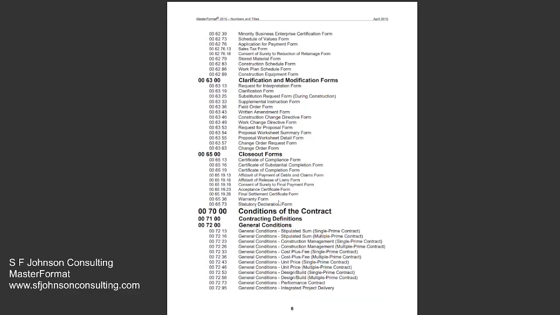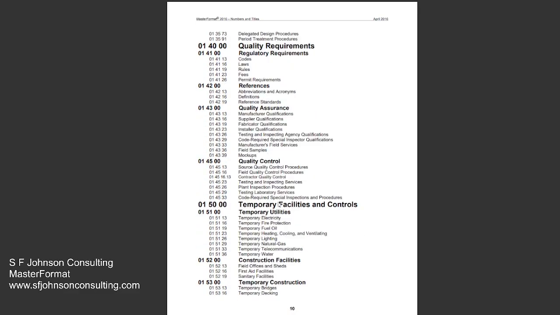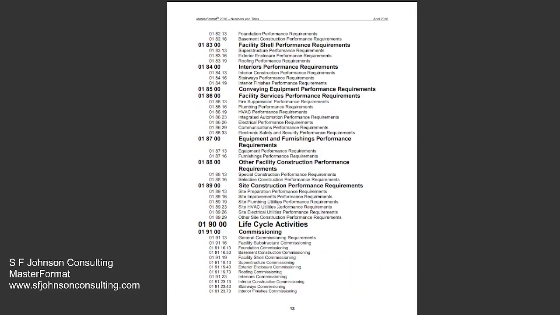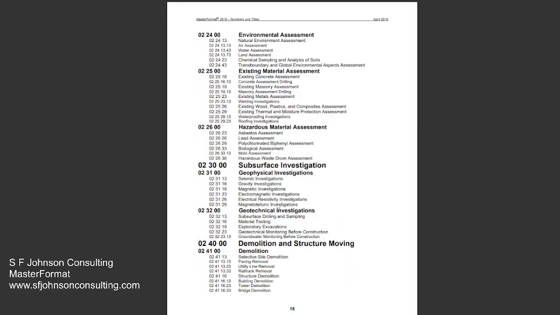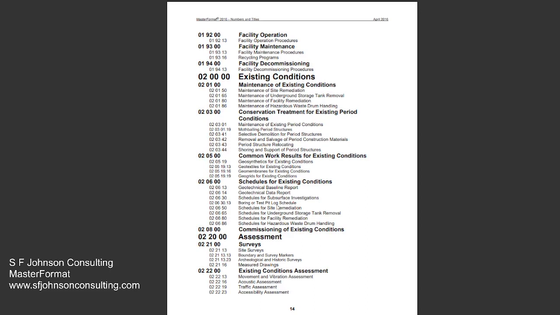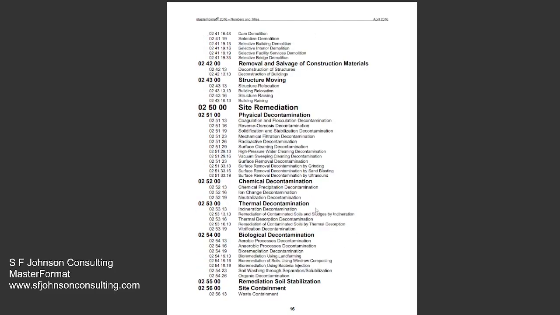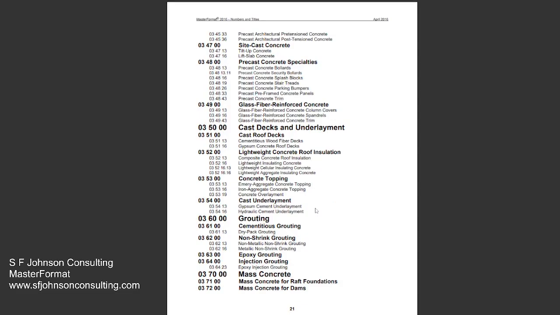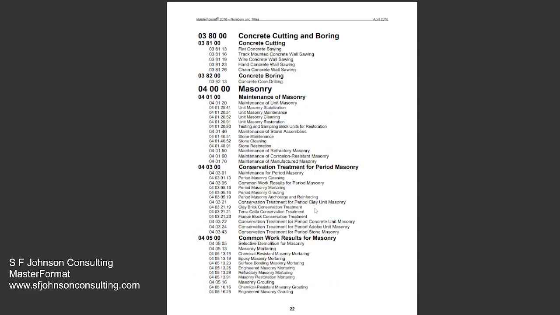So that's pretty much all the zeros. And then you just go through. If you are into maybe the demolition, then we're going to go to existing conditions, and that's 02, 00, 00. And again, the master format is the full listing of everything in construction that you could possibly do.